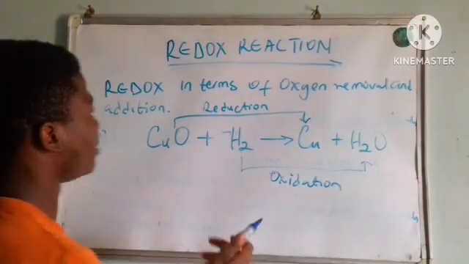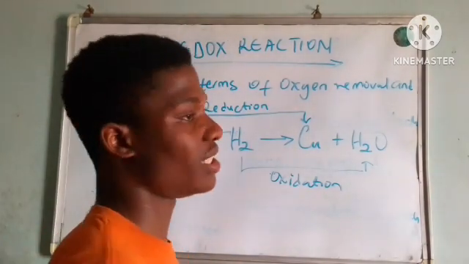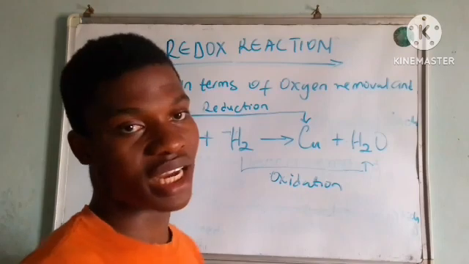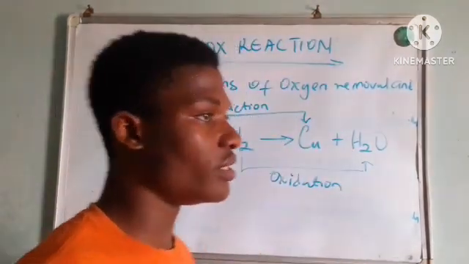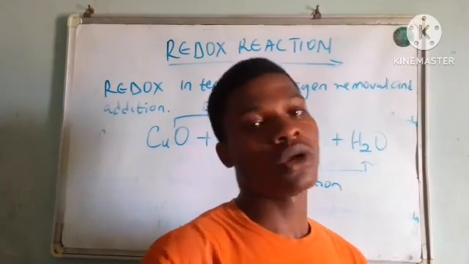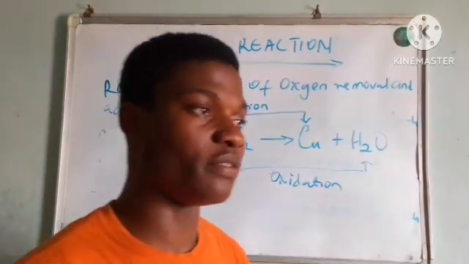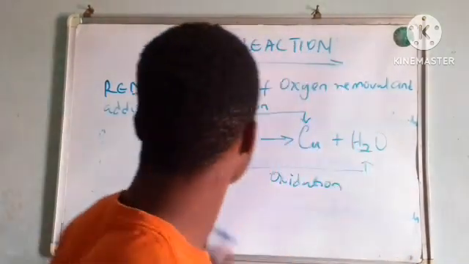So this is just it: redox reaction in terms of oxygen addition and oxygen removal. But we shall not dwell on this. We will be talking about redox reaction in terms of electron transfer.